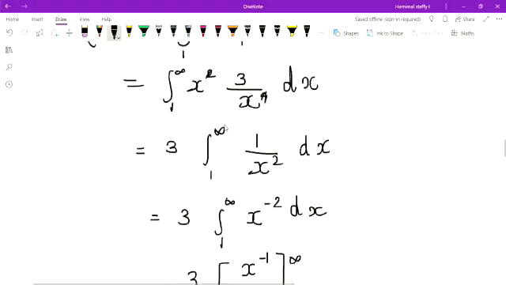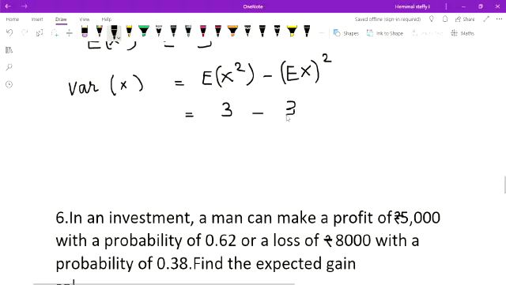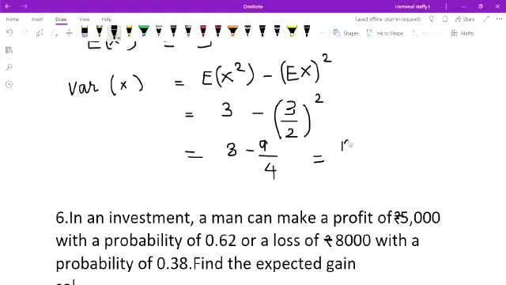E of x equals 3 by 2. So 3 by 2 whole square gives 3 minus 9 by 4. Then cross multiply: 3 fours are 12, 12 minus 9 by 4, which gives 3 by 4. So var x, variance of x, equals 3 by 4.